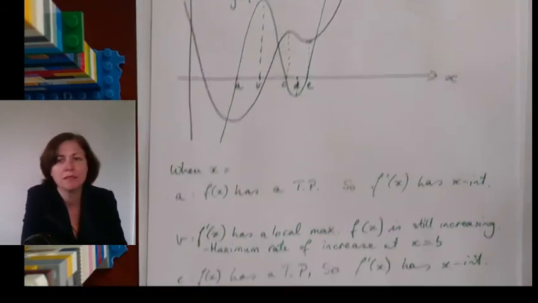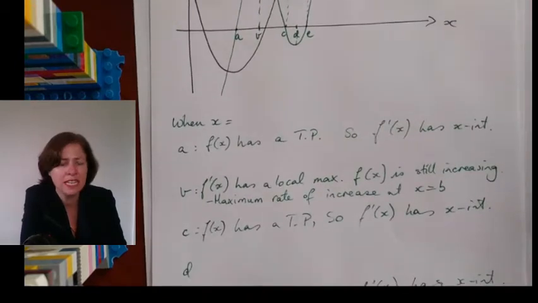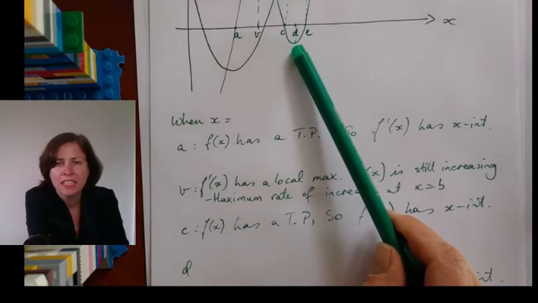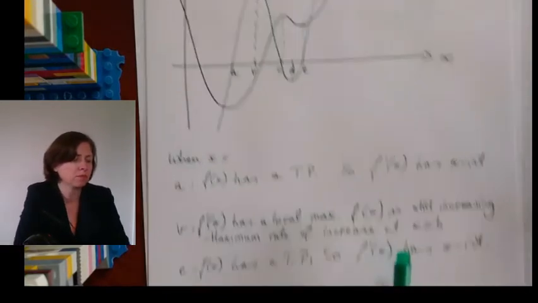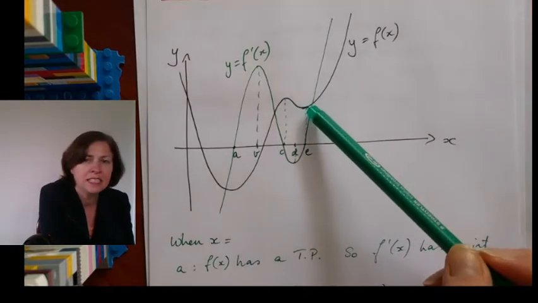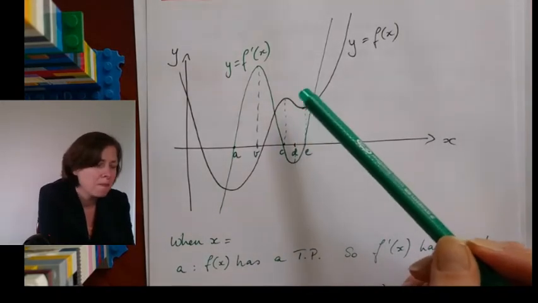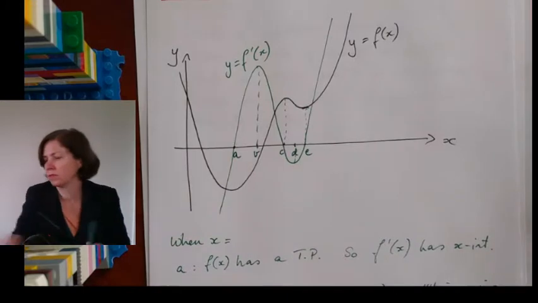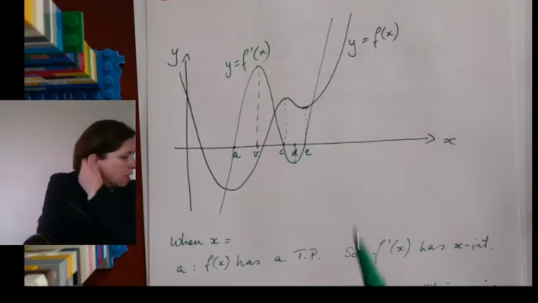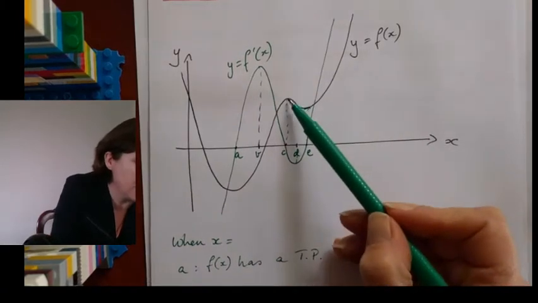Okay, let's look at D. I've written nothing at D yet, but D on my green derivative graph is a local minimum. So if I look at what happens in between C and E, I need a pencil to point with. I'll just point with this. My gradient here is very flat.